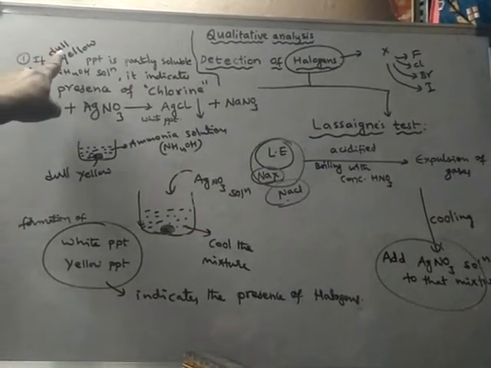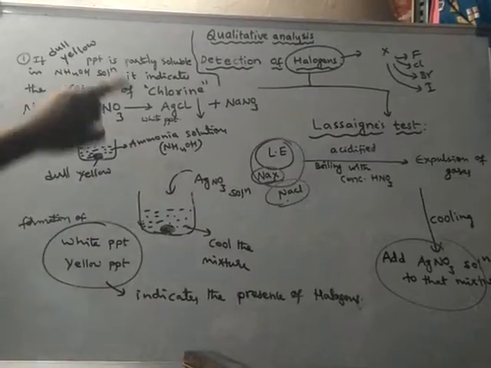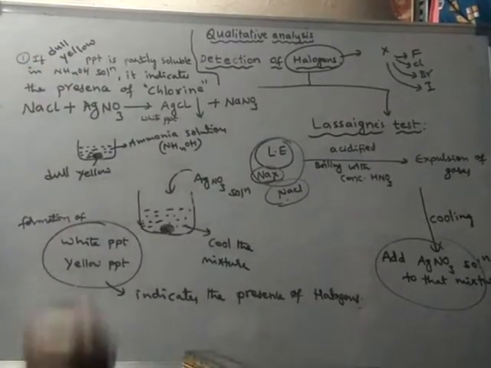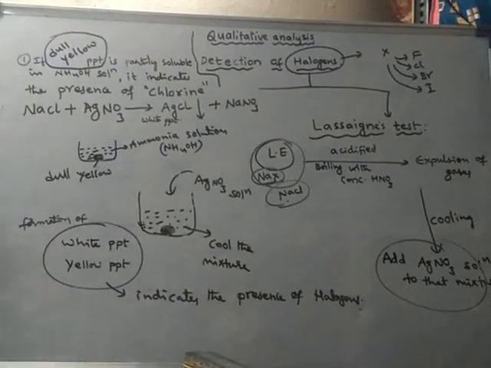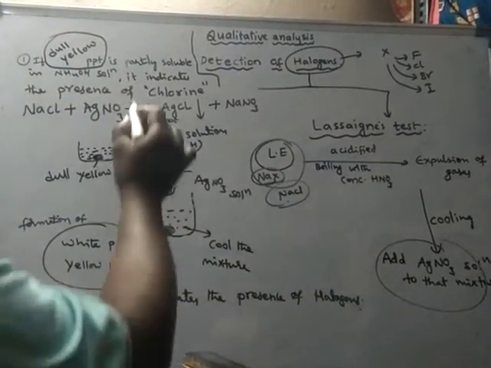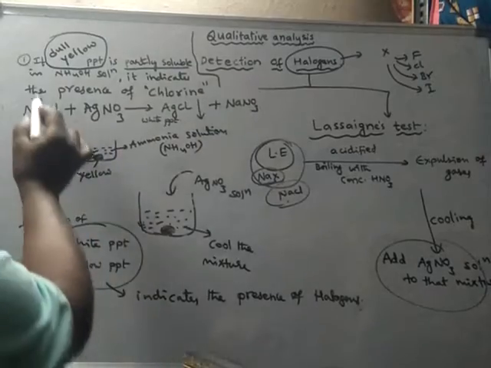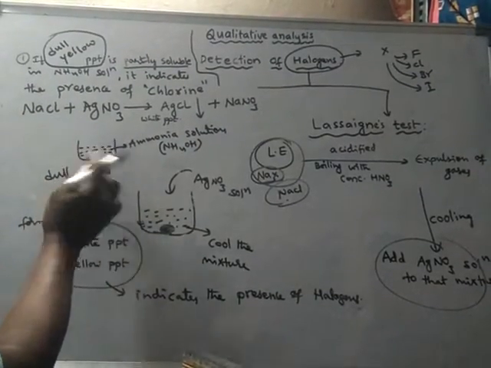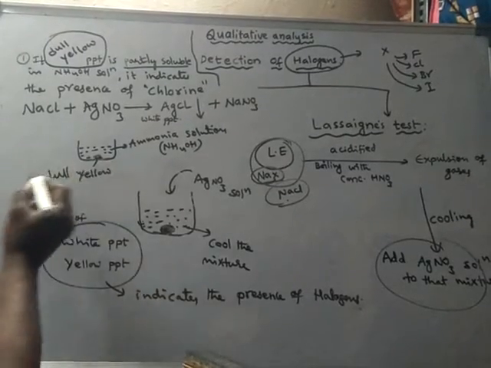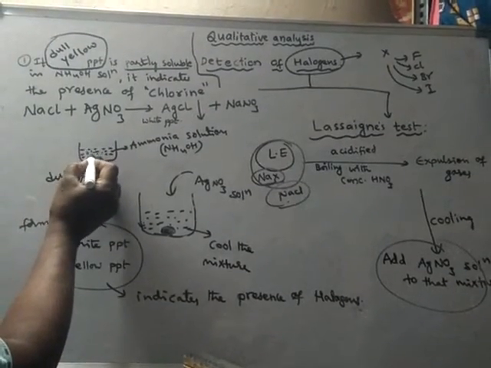Okay, suppose it is a dull yellow precipitate, then it is not completely soluble, it is partly soluble in ammonium hydroxide solution. That means some solid is left over, and only some solid is dissolved.